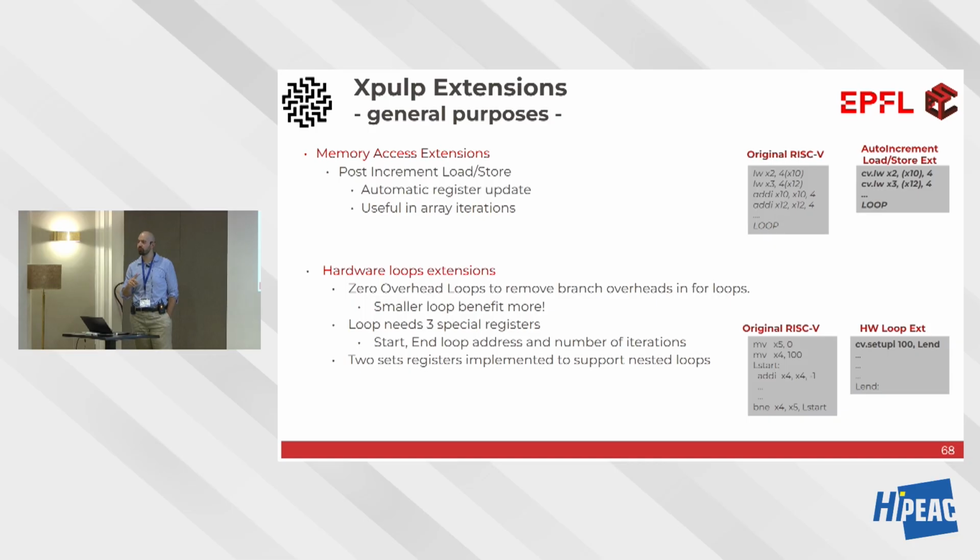Questions? If not, now we go to the hardware loop. That is another thing that happens very frequently in your code, which is why these are general purpose features. If you have loops, what do you do with a normal RISC-V, or a standard ISA?